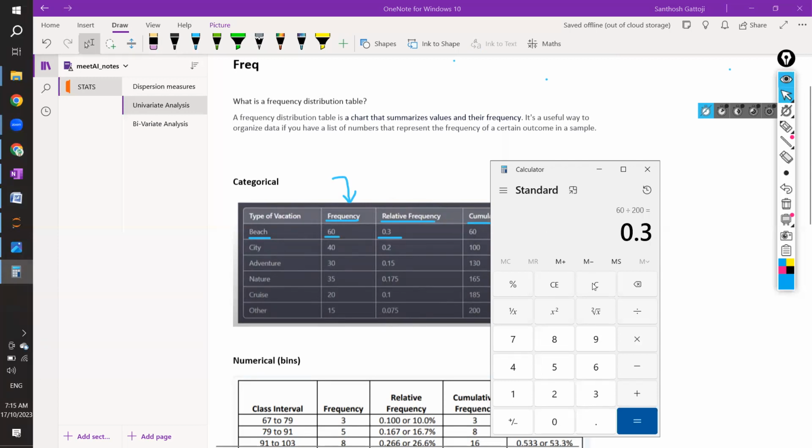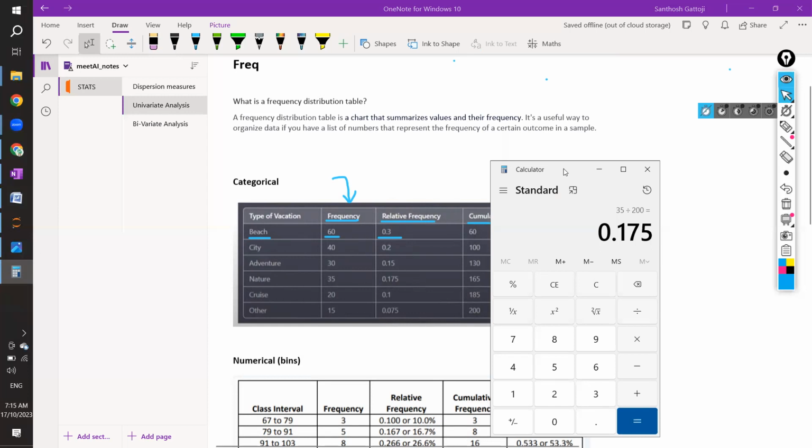Similarly for 40, the overall sum is 200, so value by overall is 0.2. For nature, 35 by 200, 0.175.